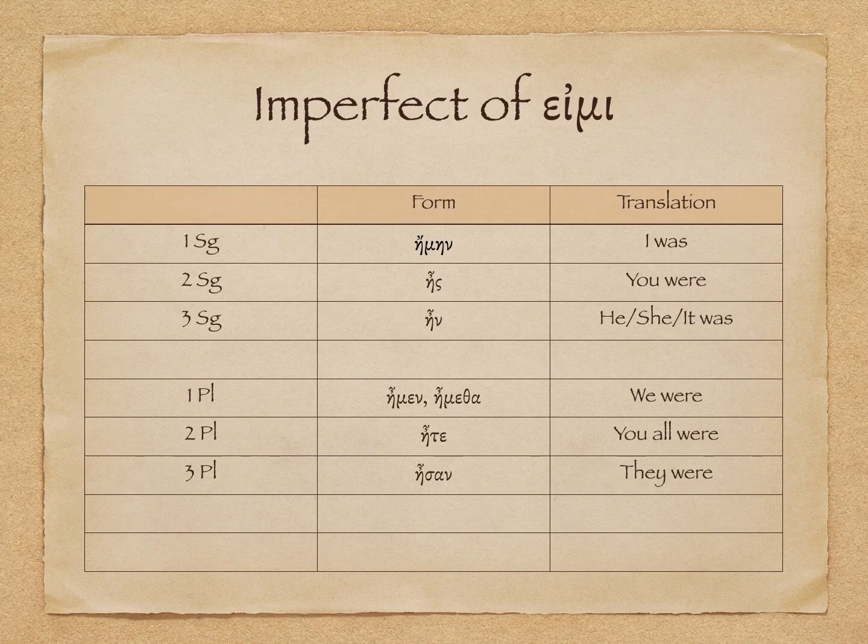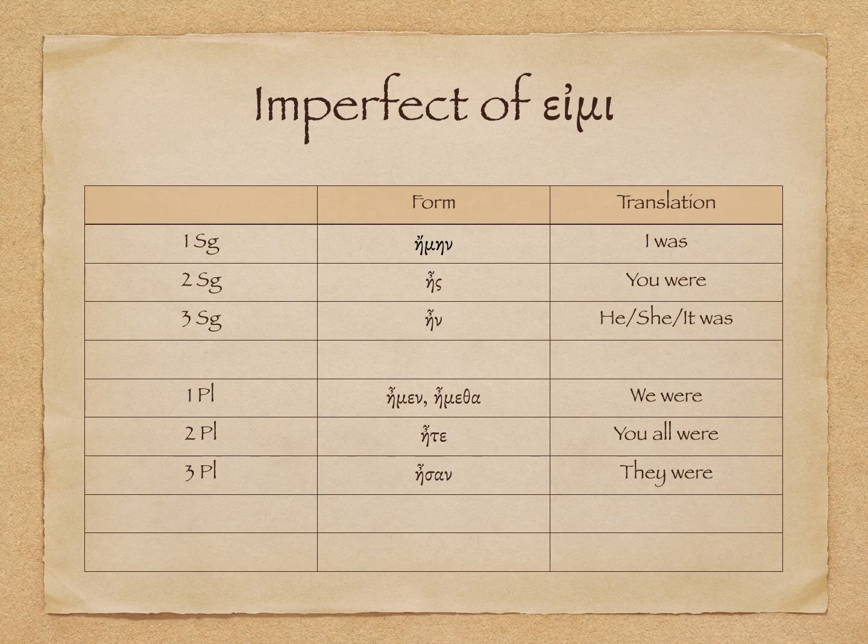The imperfect of eimi: ēmēn, ēs, ēn. Third singular ēn is one of the most popular words in the New Testament. He, she, it was. And then you can see the pattern in the plural: ēmen, ēte, ēsan.